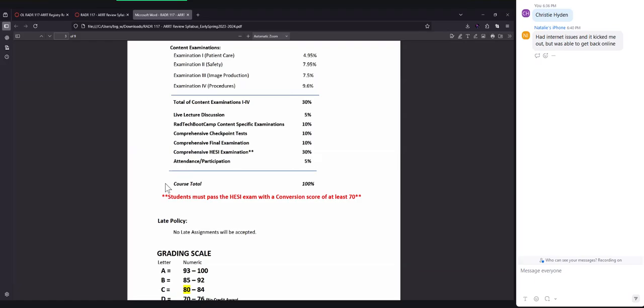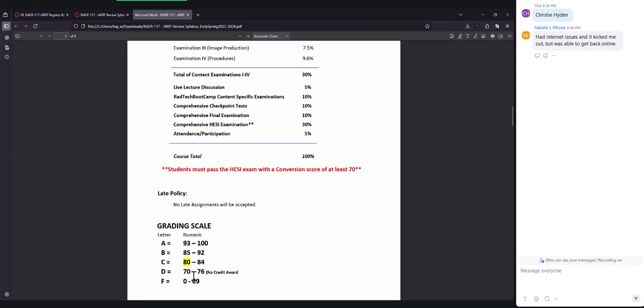Now, there are 2 requirements that have to be met in order to pass this course. The first is that your conversion score on your HESI exam must be at least 70. If you do not pass or do not make a 70 conversion score, a 0 is recorded in the grade book, thereby ensuring that you don't make the calculated score required, which is an 80.